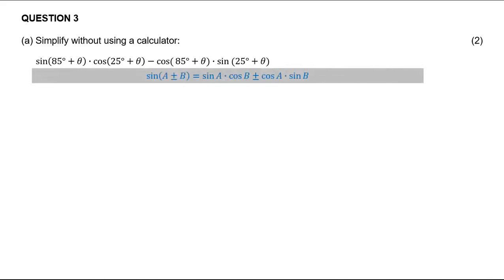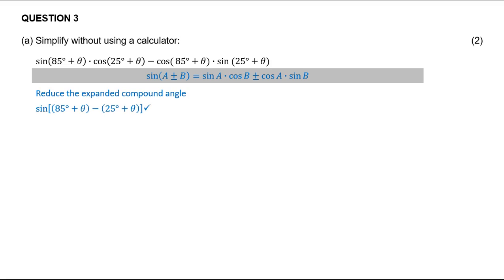Now, how do I reduce it? You will write it as sin of 85 degrees plus theta minus 25 degrees plus theta. That's how you will reduce that expanded form.